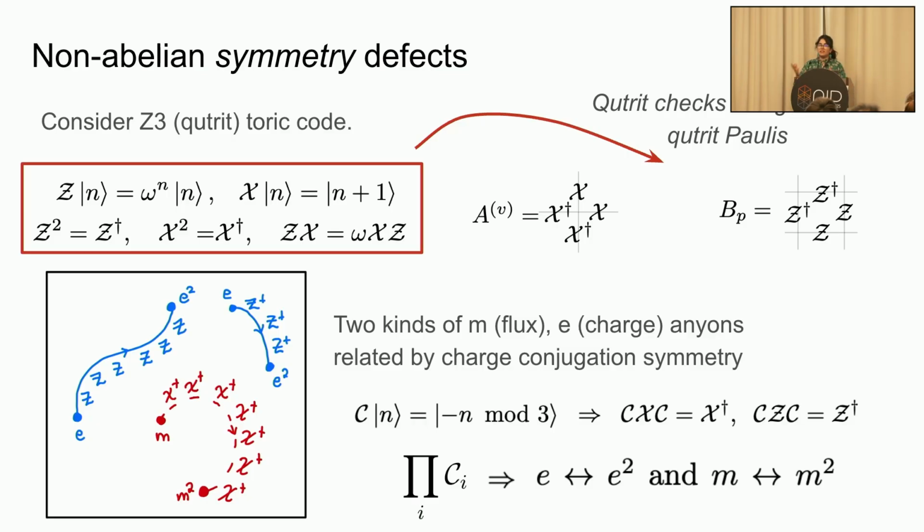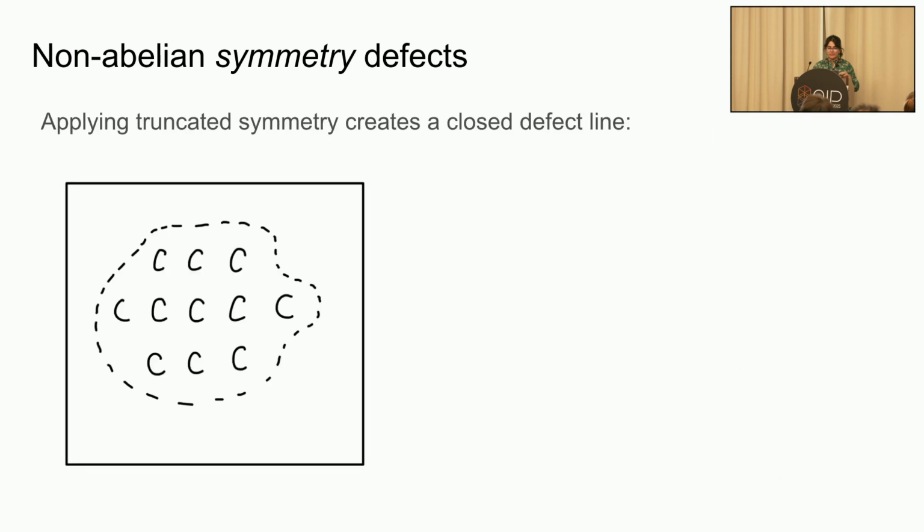And these are related by a new kind of symmetry, which is not present in the Z2, called the charge conjugation symmetry, which is realized by this local operator of charge conjugation, which swaps the roles of the 2 anyons in the theory if I do it everywhere. Now, I can create a closed charge conjugation defect in my system by applying the symmetry just in a finite region.